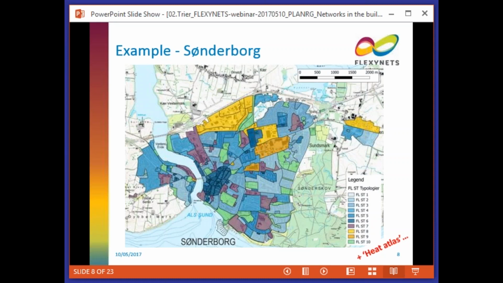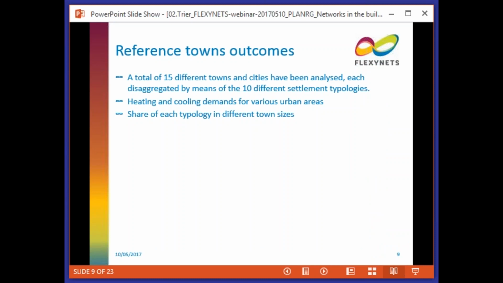And on top of that, we apply the heat atlas defining the heat demands for every building in this town. And the outcome of this is that we have analyzed a total of 15 different towns and cities, each disaggregated by means of the 10 different settlement typologies, and then defining the heating and cooling demands and the share of each typology in the different town sizes.